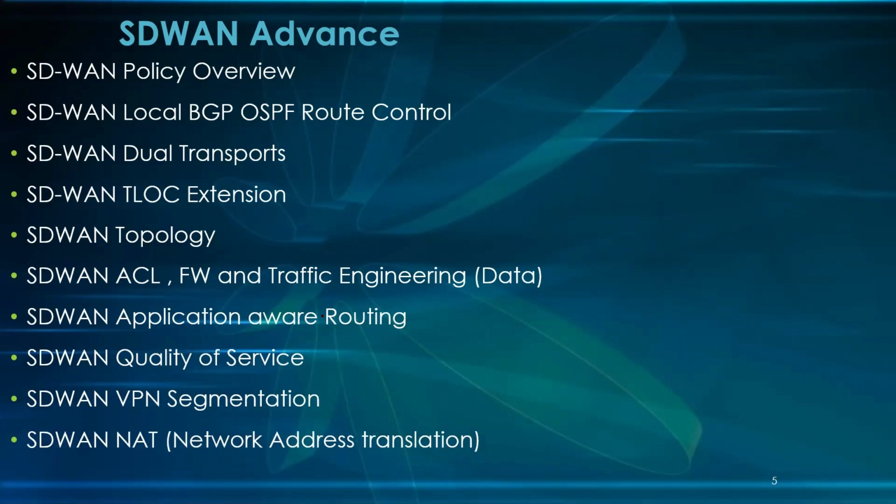All this stuff will be covered in the advanced part, which is for if you are a senior resource in your team: how you can do these things and how you can understand if someone has already done them, how you can read out and understand what this line means, what this application aware routing or these policies mean, and where it is actually being used, right?